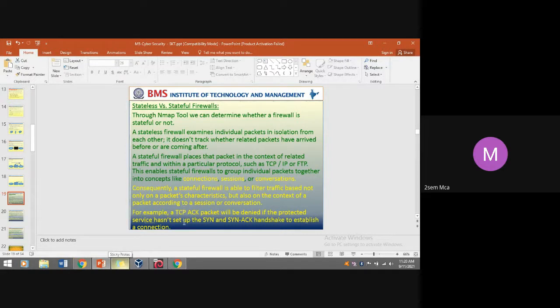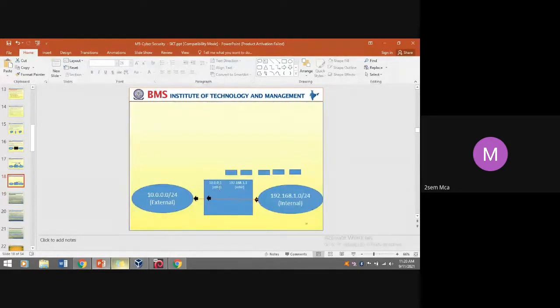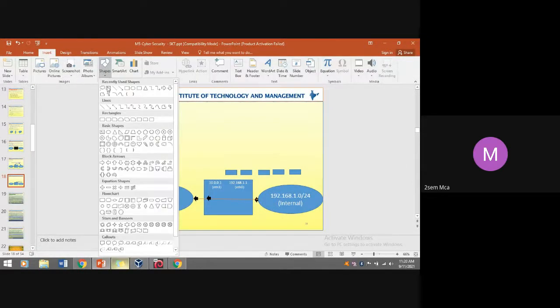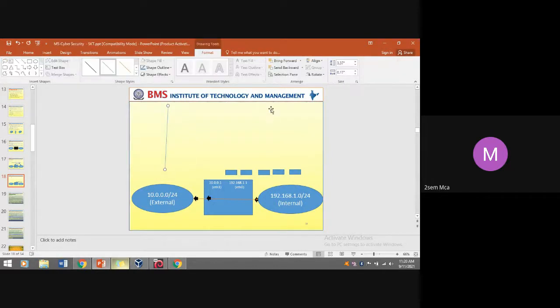So for example, a TCP ACK packet, an acknowledgement packet, will be denied if the protected service has not set up the SYN and SYN-ACK handshake to establish a connection. So when you say the connection is established, this is handshaking. One system requests another system.